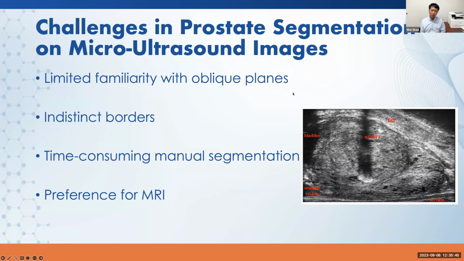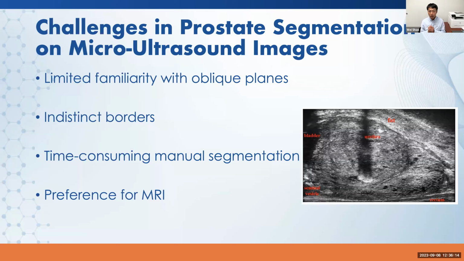However, the segmentation of the prostate on micro-ultrasound images is quite challenging compared to segmentation on MRI for several reasons. First, our urologists are more used to reading prostate images in the axial view. They read a lot of MRI and histopathology images, all in the axial view. But now we are forcing them to switch their mind to a different view, which is a pseudo-sagittal view.